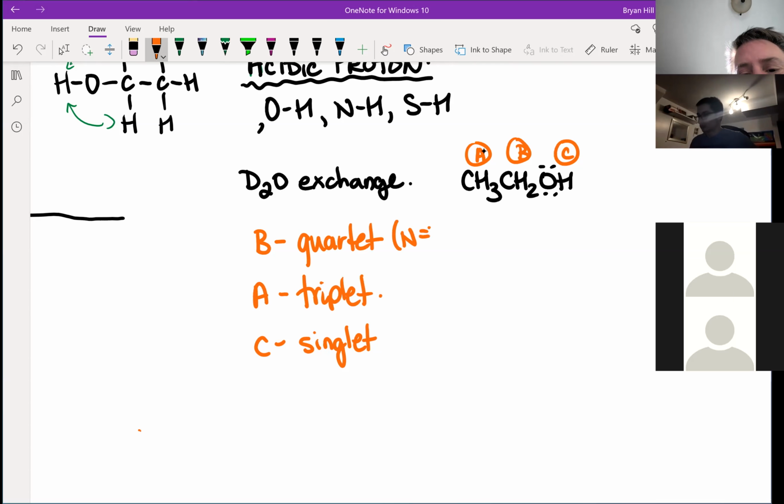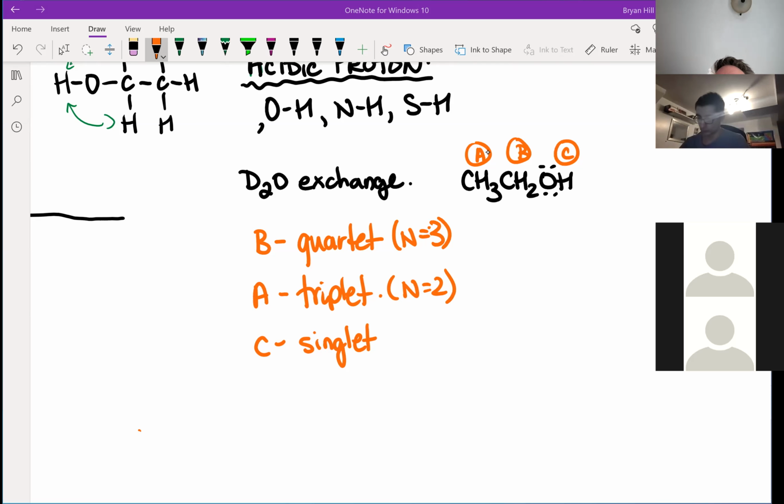Okay, excluding the proton on the hydroxyl group for a second, of B and A, which one should have a higher ppm and be de-shielded the most? Right, because it's next to the oxygen.